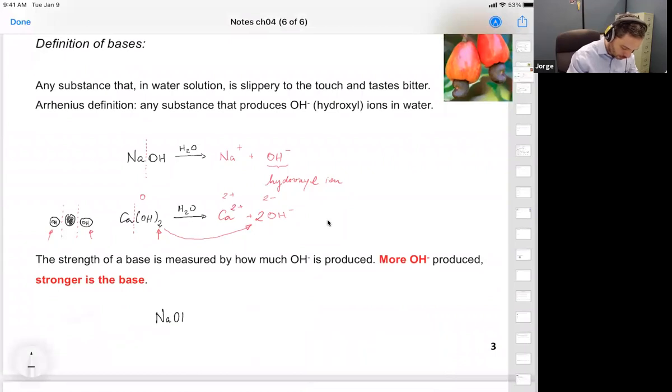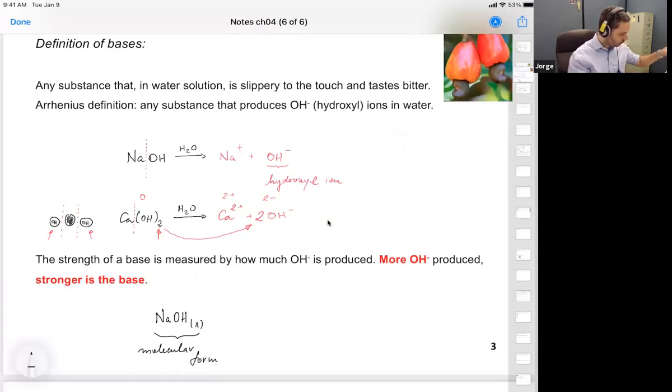Okay, so sodium hydroxide at room temperature is a solid. And when sodium hydroxide is a solid, that form here is called molecular form.